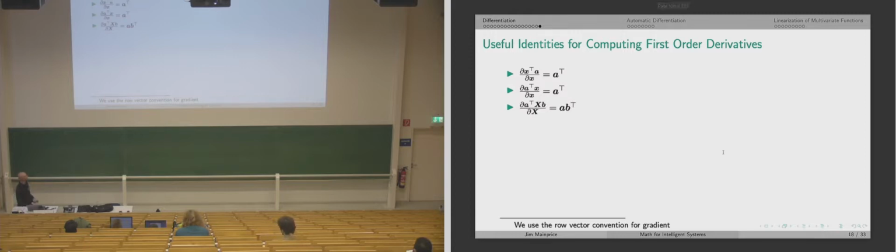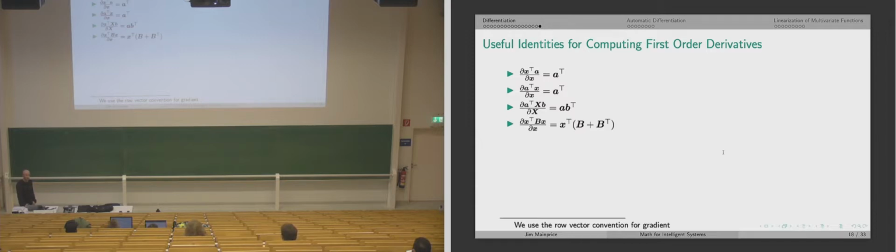Here is another identity, and you can check that out on your own time. This one is quite important, because we often want the gradient of some quadratic functions, where this would be one of the terms.